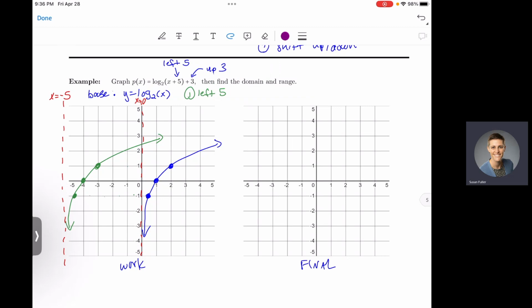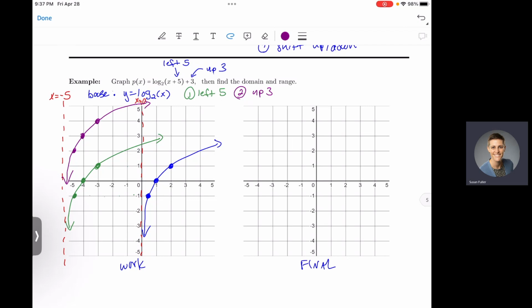Okay, so we shifted to the left, and then what transformation do we do next? The only one left is to move this up 3. So I'm going to move each of these points up 3. And so there is our graph. Now notice if you shift that vertical asymptote up and down, it doesn't really move.